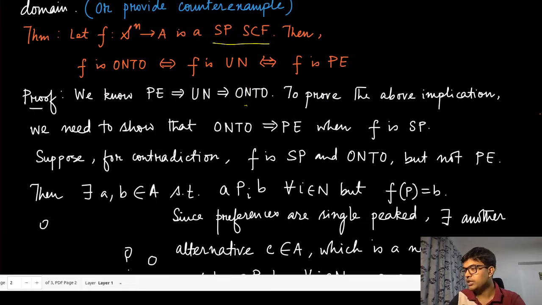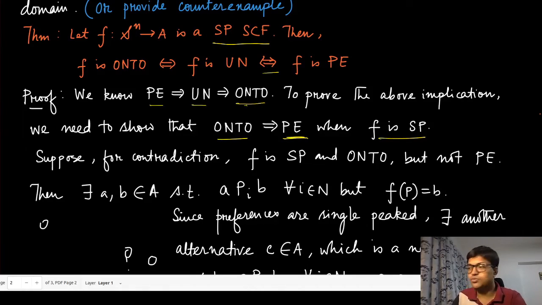Okay, so all that we need to show this equivalence is, we know that Pareto efficiency implies unanimity, implies ontoness, so strategy proofness plus this will also imply that. Under strategy proofness, to show the reverse direction, we need that ontoness will also imply Pareto efficiency. So let us try to prove this via contradiction.